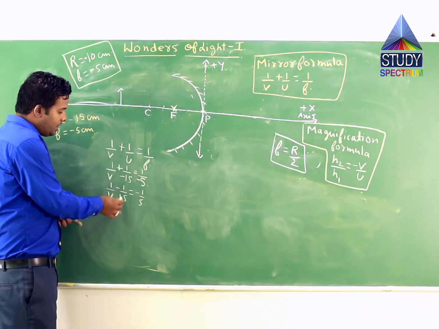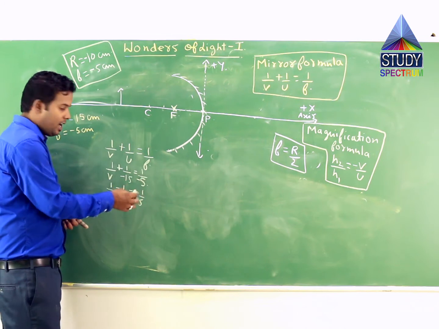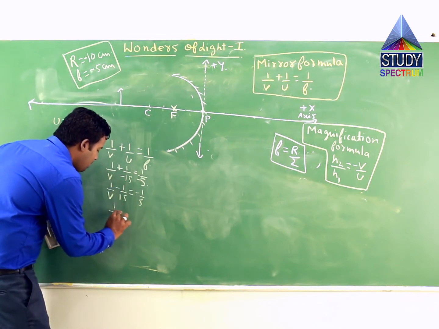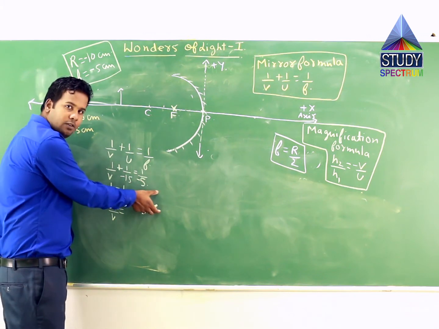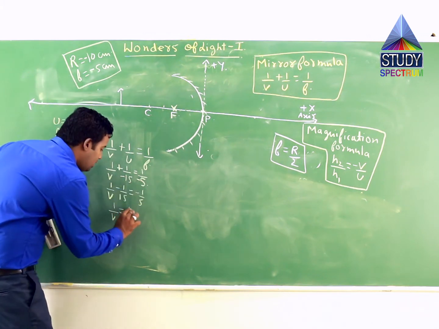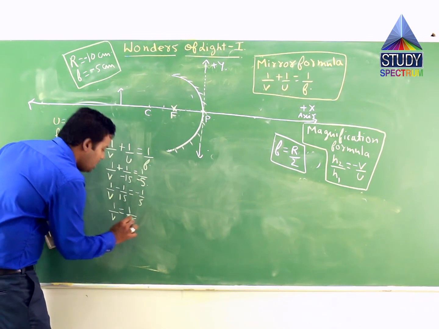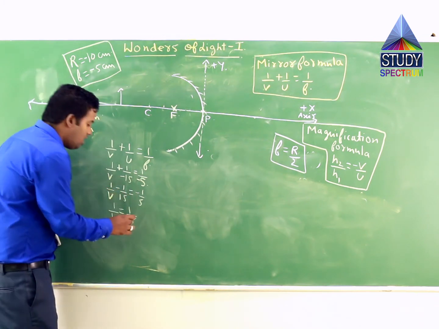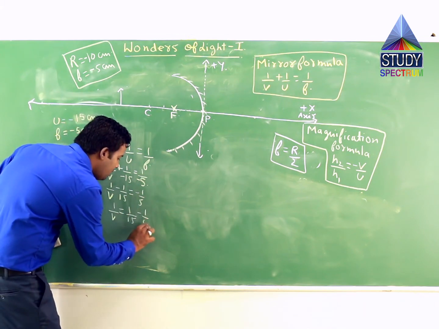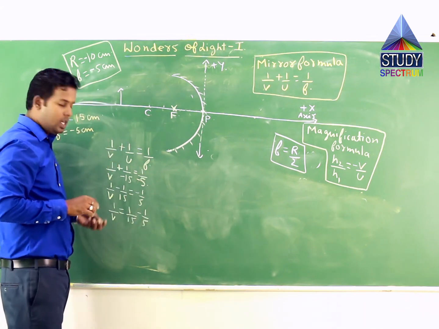If I take this negative part to the right hand side, this equation will become 1 by V is equal to, this negative part going to the right hand side will become positive. I will write the positive term first, that is the same 1 by 15, and there was a negative term on the right hand side earlier, so that becomes minus 1 by 5. Correct?